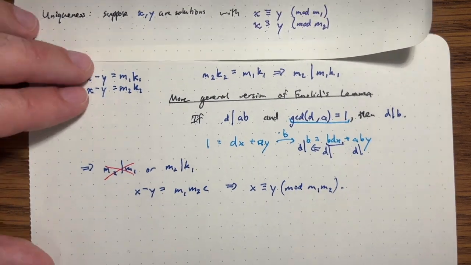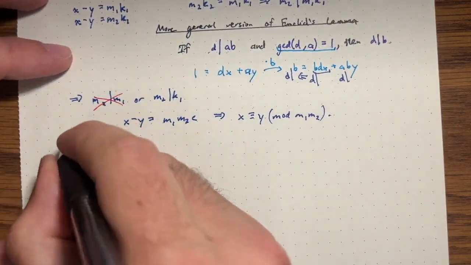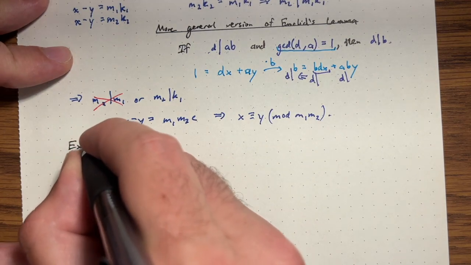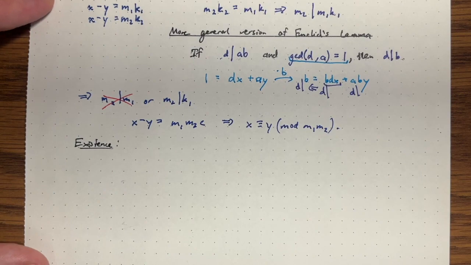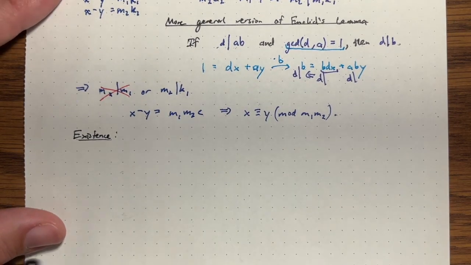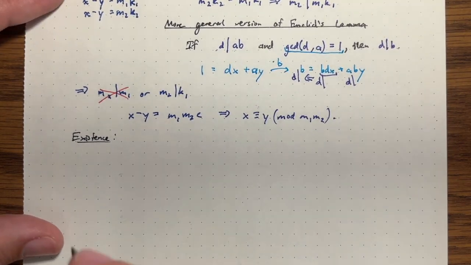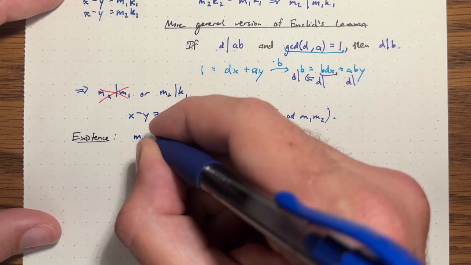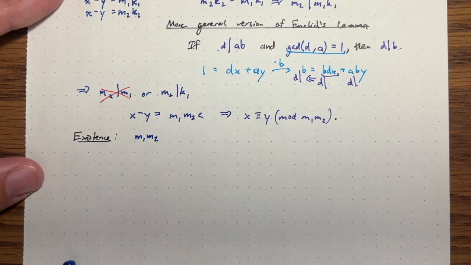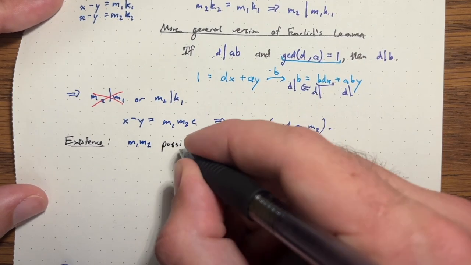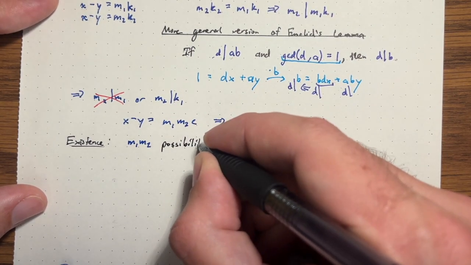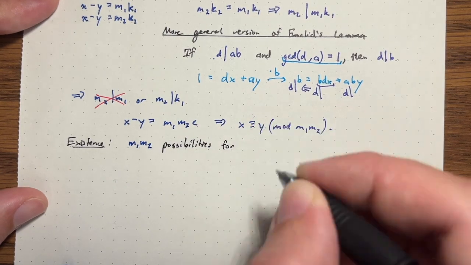So existence. There are m1 m2 possibilities. We have a congruence modulo m1 m2, so there are m1 m2 possibilities for x.